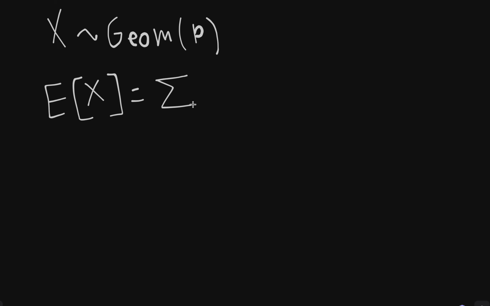Summation over the support of X. The support for a geometric random variable is 1 to infinity, of the probability mass function, or probability that big X equals little x, multiplied by little x.